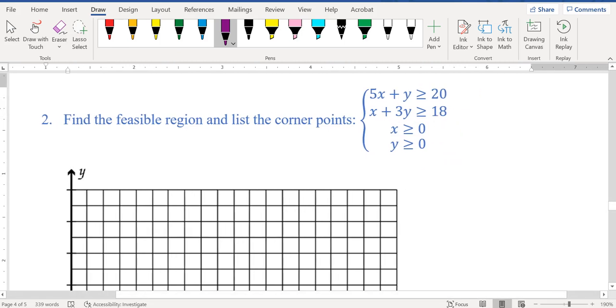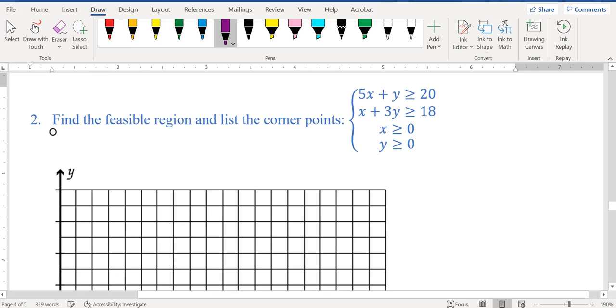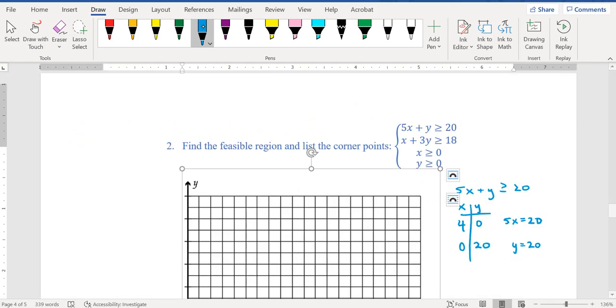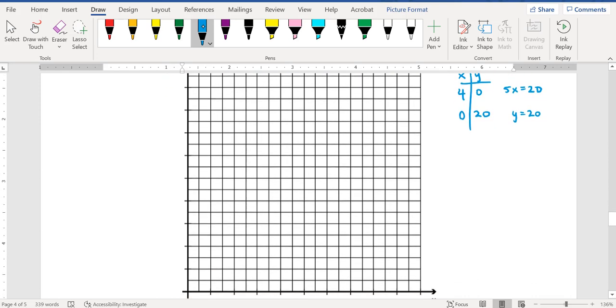Now let's go graph 5x plus y greater than or equal to 20. If y is 0, then 5x equals 20, so x is 4. If x is 0, y would be 20. So to graph that, 0, 20.